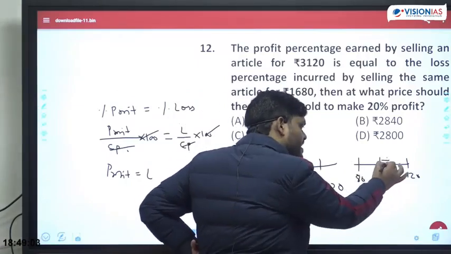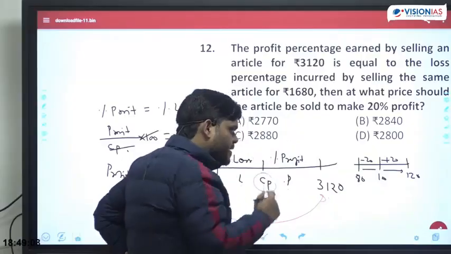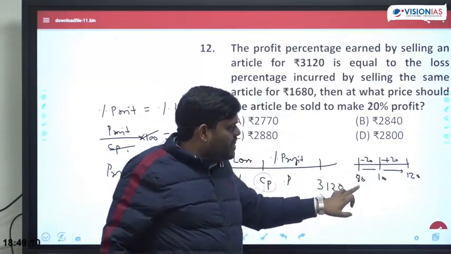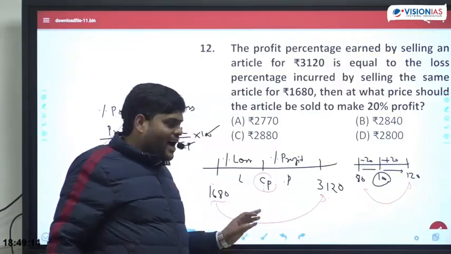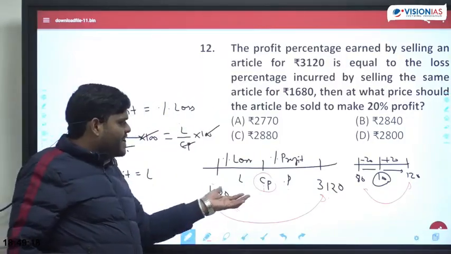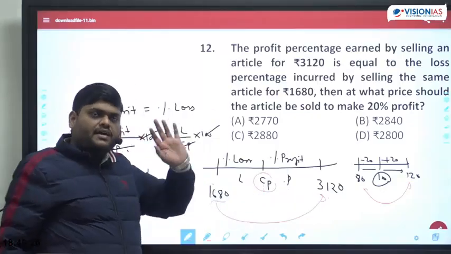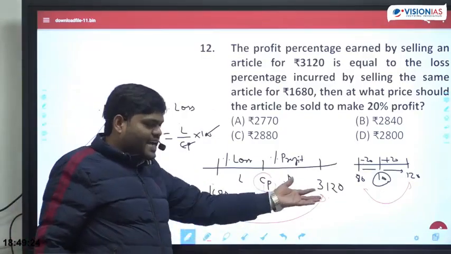You have to increase 20 to reach here, similarly you have to decrease 20 to reach here. That means the CP should be the middle of these two values. And how to find the middle of these two values? There are various ways. Either add both and divide by 2, or simply take the subtraction.